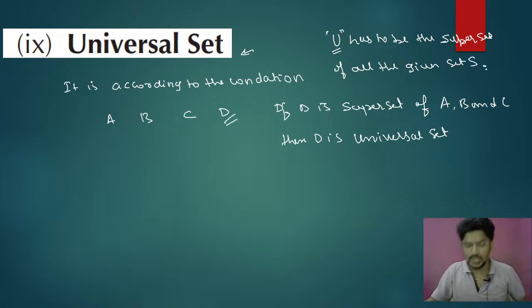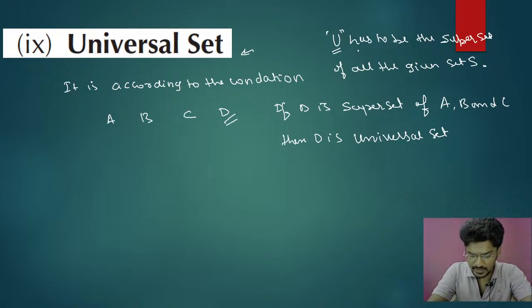If U is the superset of all the given sets, then this U is called the universal set of what? The given condition. Universal set of the given condition.